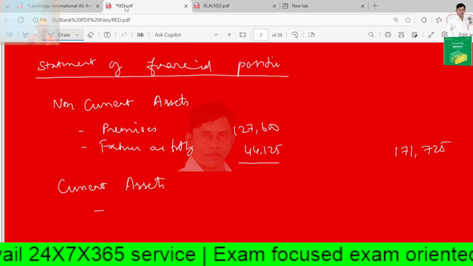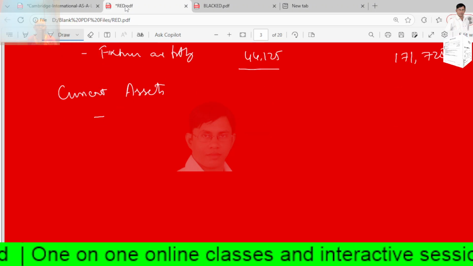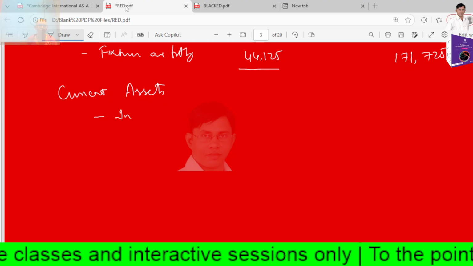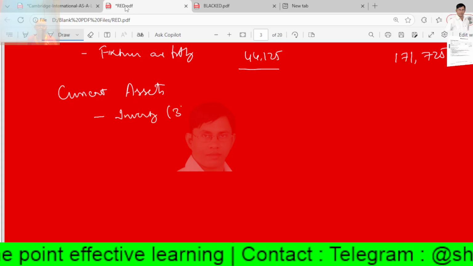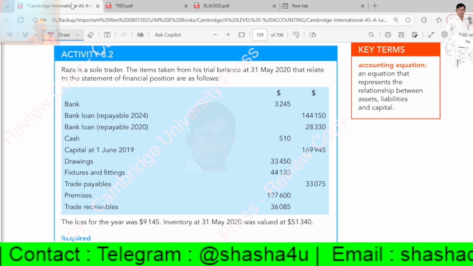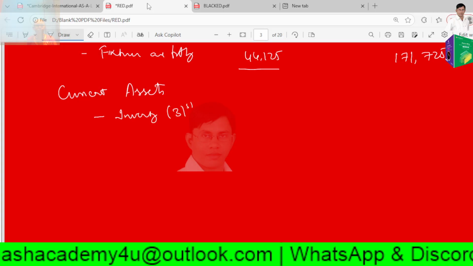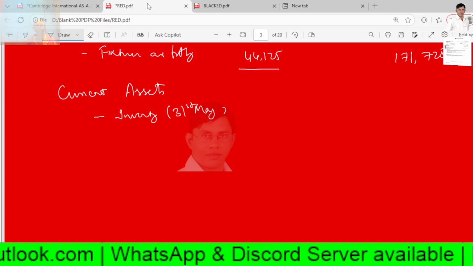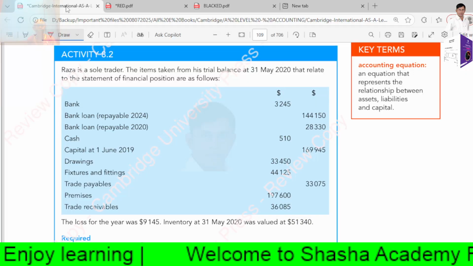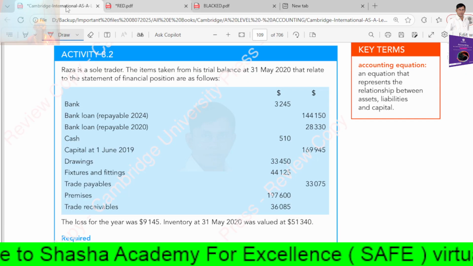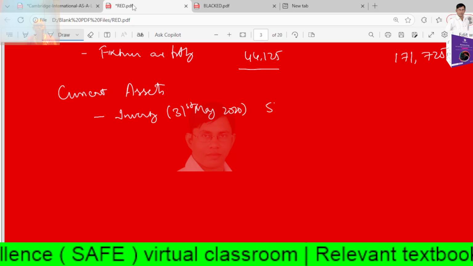In current assets, first we need to write inventories. Inventory means inventory at the end of the year, not at the beginning. Inventory at 31st May 2020 is 51,340.